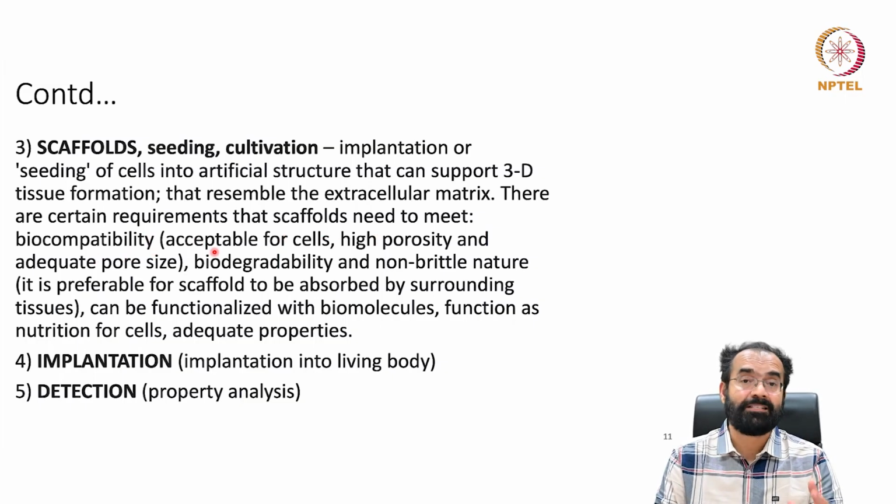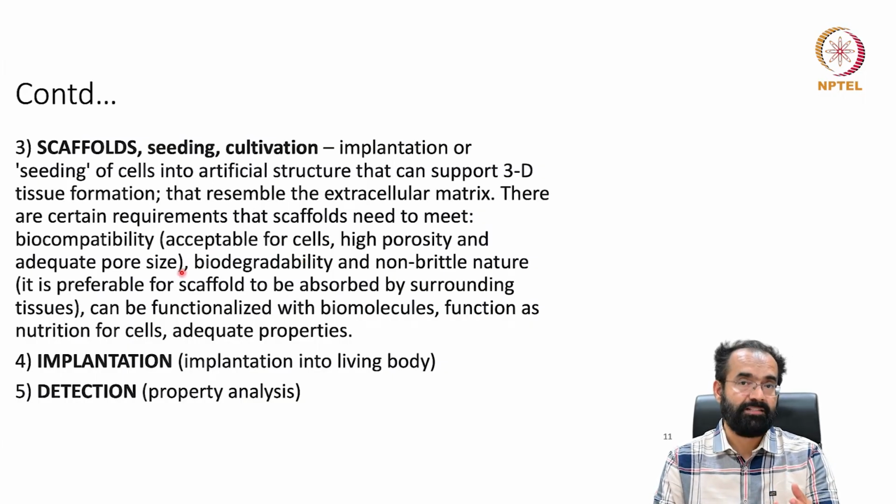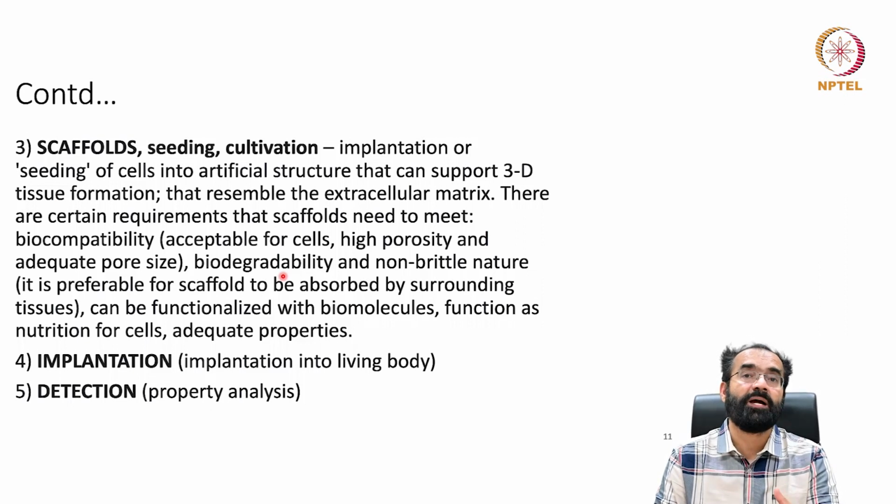Biocompatibility, that is acceptable for cells, high porosity and adequate pore size. Biocompatibility is an important criterion. Then comes biodegradability. Biocompatibility means it should not raise an immune response in the host, and it should degrade also, so that later it will be replaced by the extracellular matrix released by the cells grown on the scaffold.